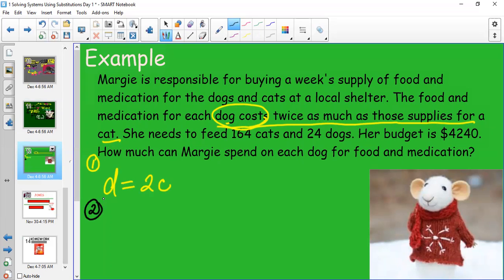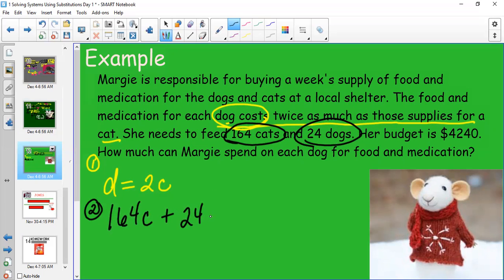All right, she needs to feed 164 cats and 24 dogs. Her budget is $4,240. Okay, so how much can she spend on each dog for food and medication? All right, so she has to feed 164 cats, and this is where we're going to put it into standard form. That would be 164C plus the 24 dogs that we have to feed.